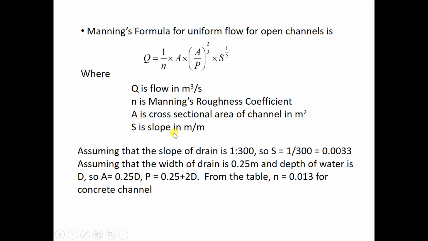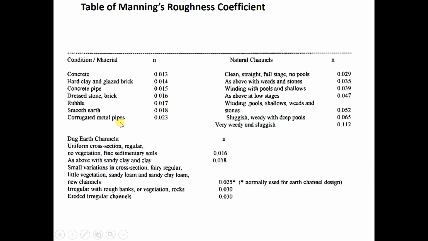I can't draw at the moment, so I try my best. N is the Manning's coefficient. For concrete, let's say the concrete surface is 0.013. This is actually the smoothest.